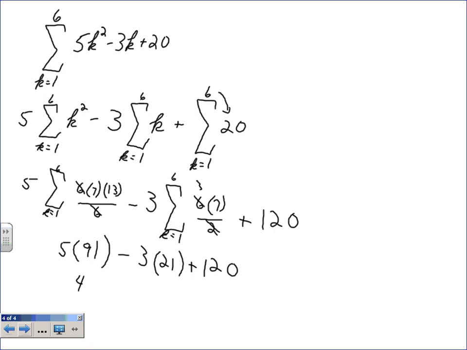And so I have 455, sorry, minus 63, plus 120. Okay, and I think that comes out to be 397, 497, 597, 617, 512. I was close. Plus or minus, whatever. All right, so 512.